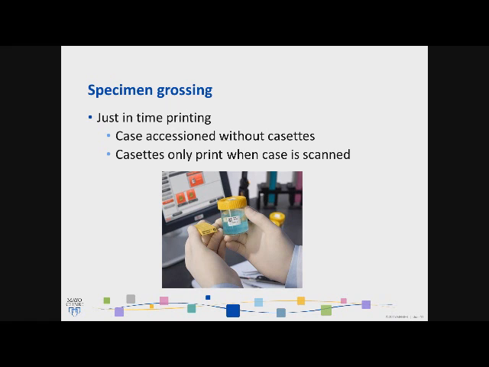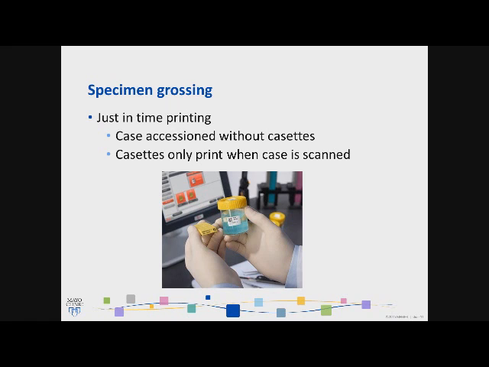They also can have a barcode. You can see here in the picture that this barcode is not only on the cassette, but also on the specimen. Just-in-time printing allows for that specimen, once accessioned, to be scanned at the grossing station. And at that time, the cassettes then come out.